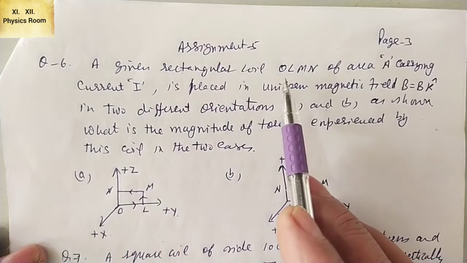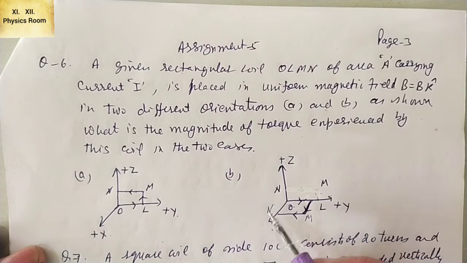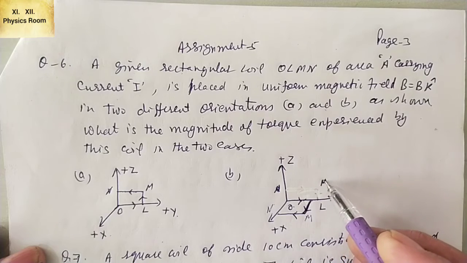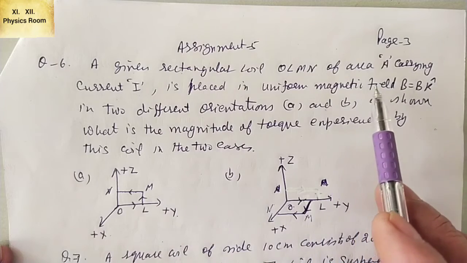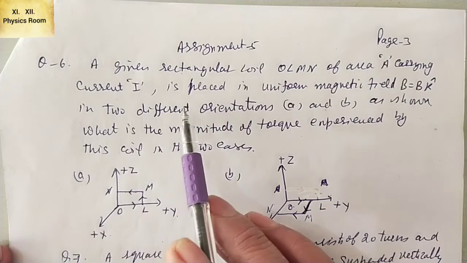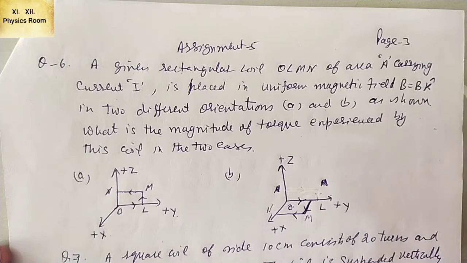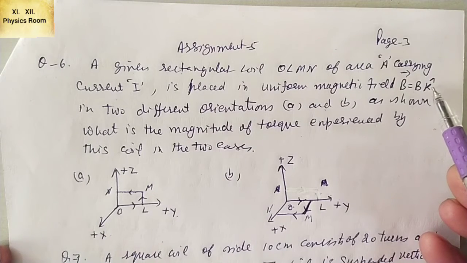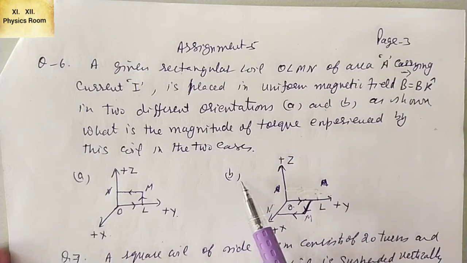A given rectangular coil OLMN of area A, carrying current I, is placed in a uniform magnetic field B equal to B k cap, that is along the positive z axis, in two different orientations A and B as shown in the diagram.